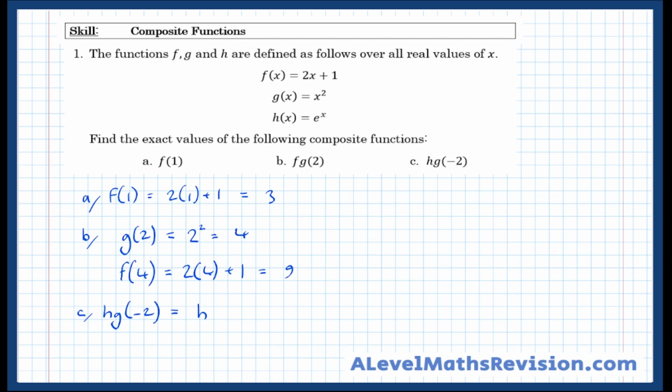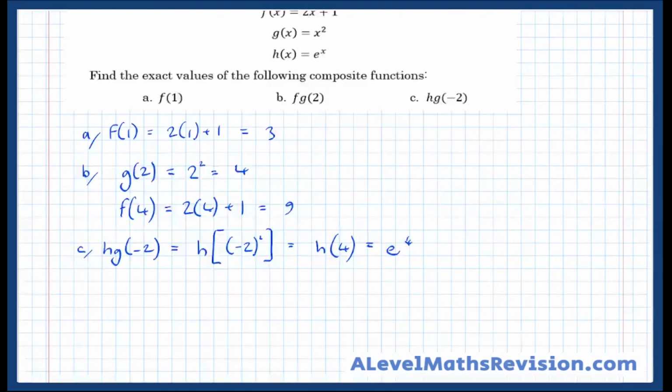So h is still standing there, but g is busy having a go. So g of minus 2 is minus 2 squared equals h of 4 equals, and now h gets to have a go at the 4, e to the power of 4. And that's the numerical example sorted.